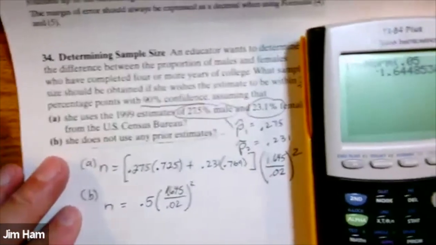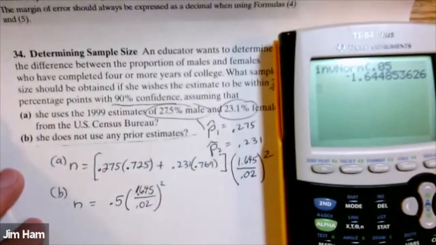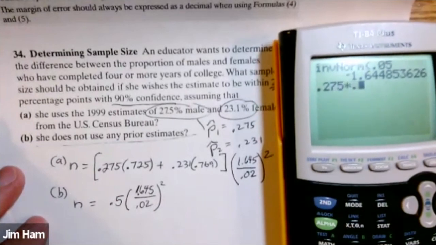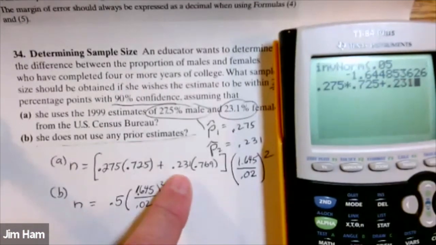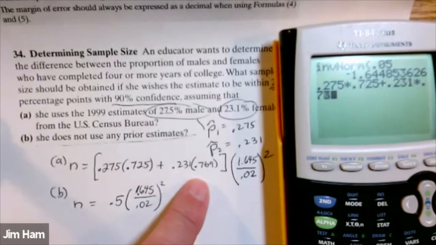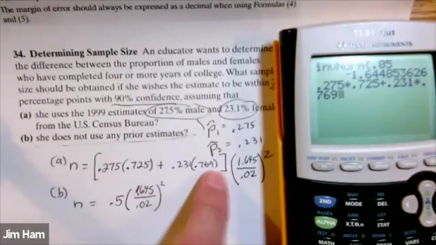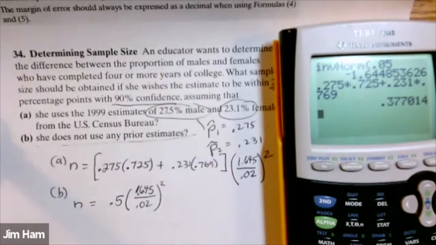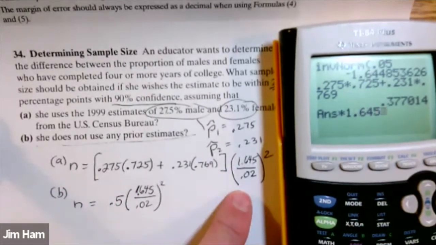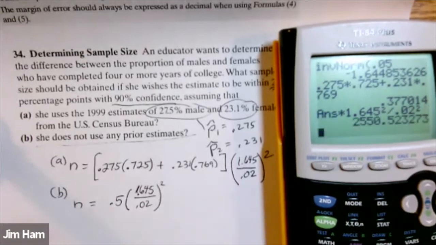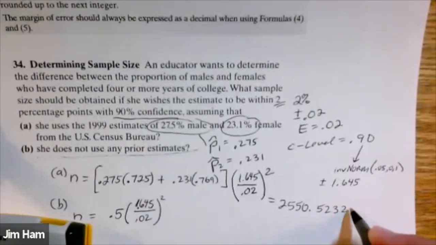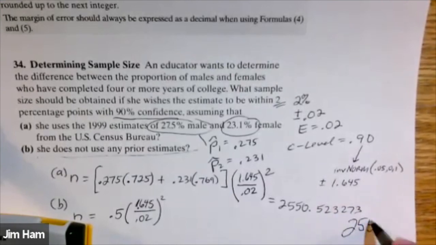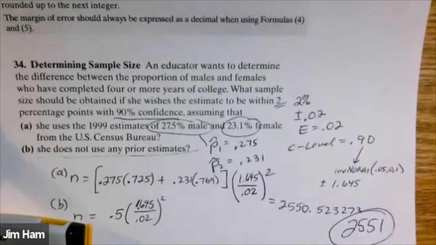And then from here on out, it's just a calculator exercise. So 0.275 times 0.725 plus 0.231 times 0.769. All right, so that's all the stuff in parentheses. And then we're going to multiply that by 1.645 squared divided by 0.02 squared. And there it is, huge, 2,550.523273. So we would round up and get 2551.